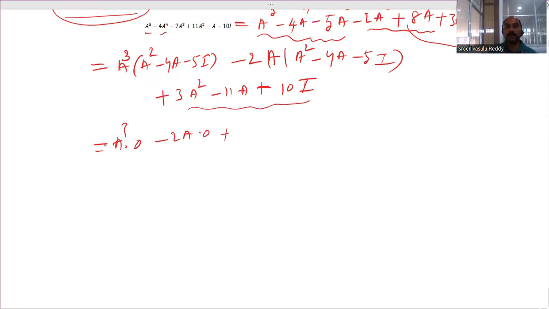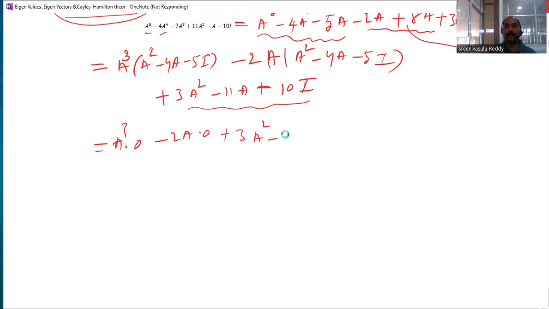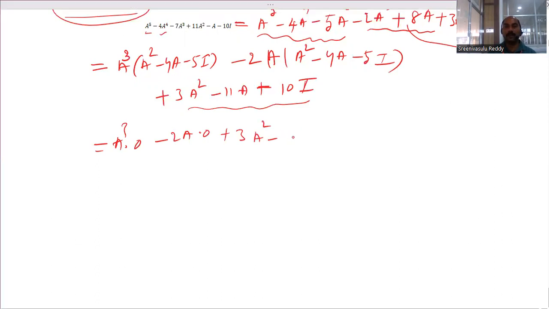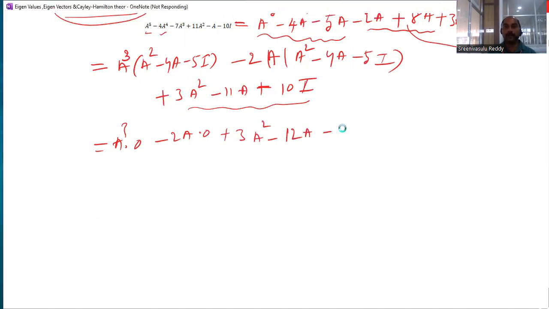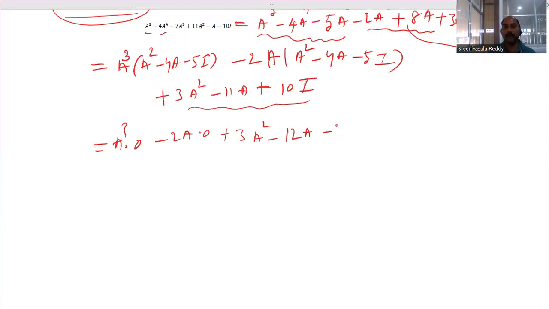Now here also we can do it in the same way. For 3A square, if you take 3 as a common factor, we want to get 4, that means you take 12A minus 12A. 3 is a common factor. We want to make 15I here because 5I is required.